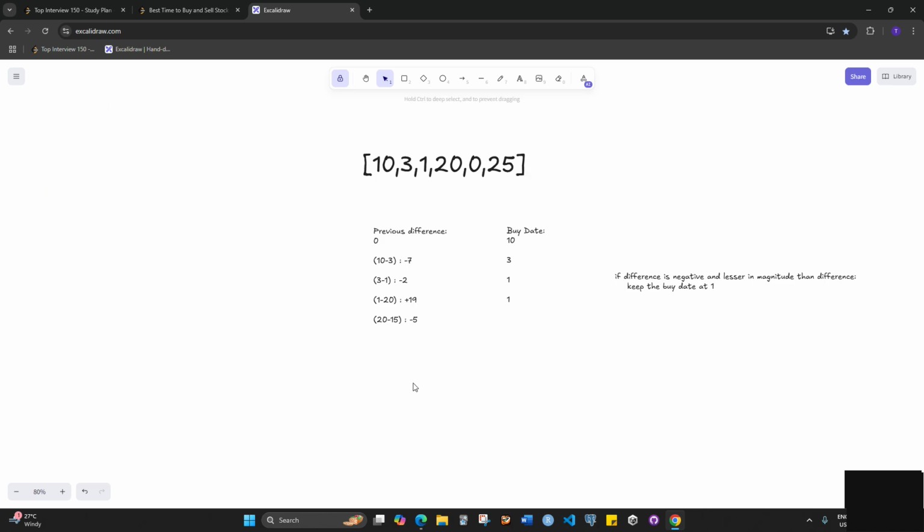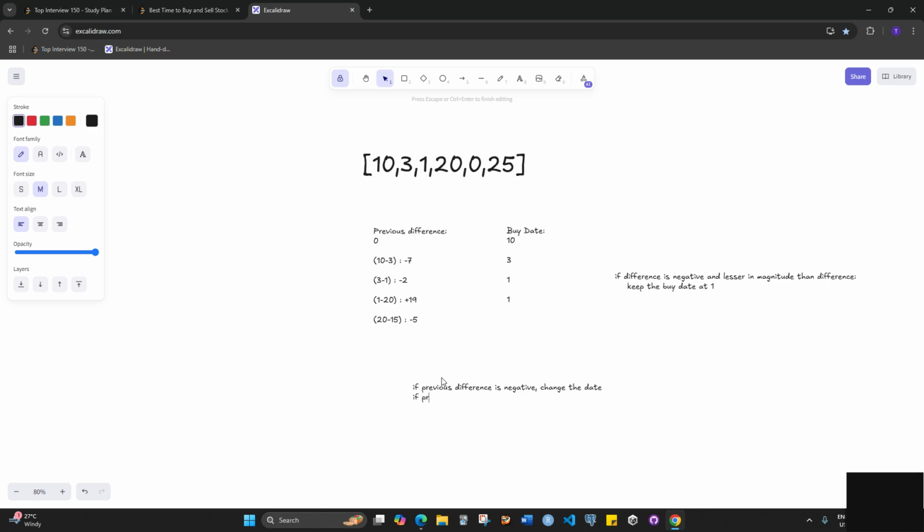Okay, so the comparison, I guess, is if previous difference is negative, change the date. If previous difference is positive, only change date.